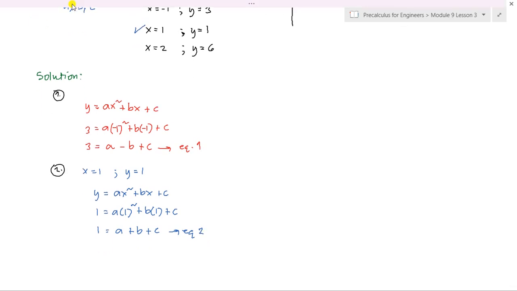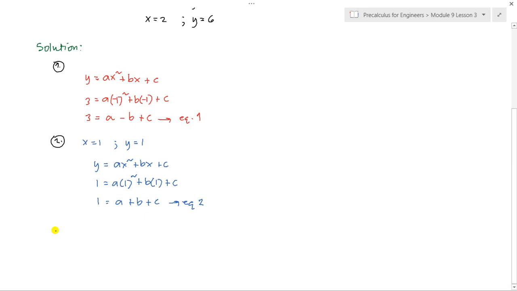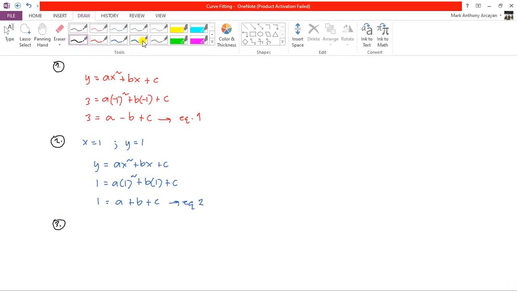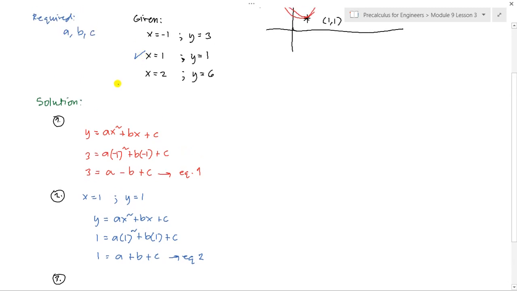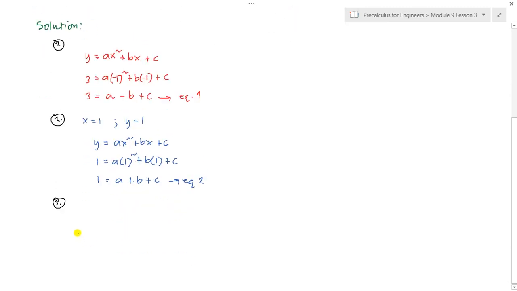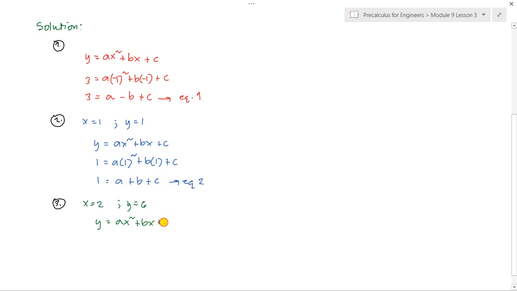Then next, equation 3, still from data 3, that is at x is equals to 2, then y is equals to 6. The general formula for quadratic is y is equals to ax squared plus bx plus c.